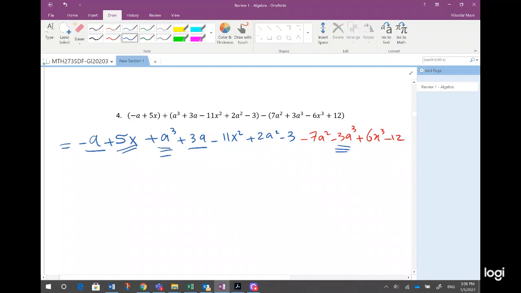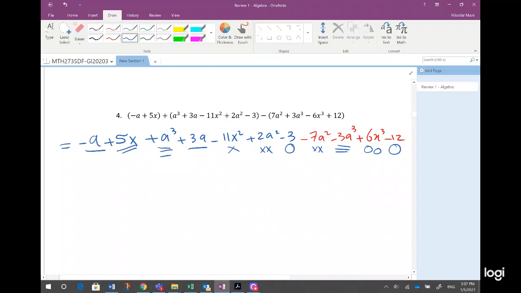Then I have this one, x squared, done. Then I have this one, which is a squared. Then I have this one and this one, yes. And then I have this one, x cubed.